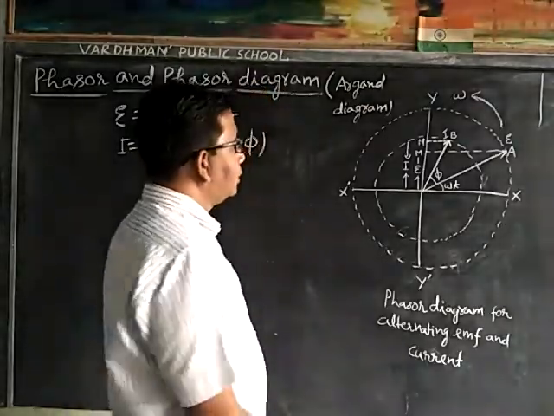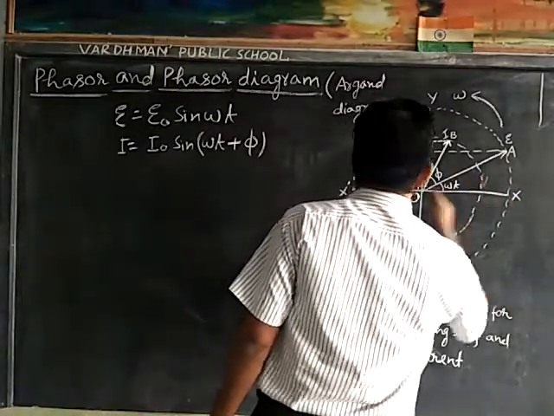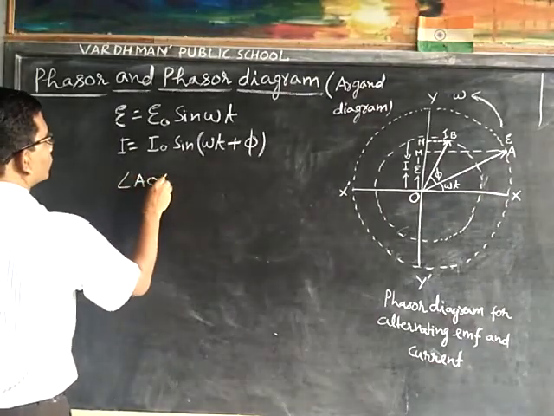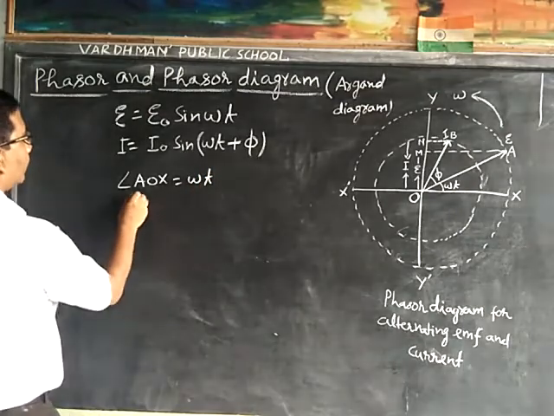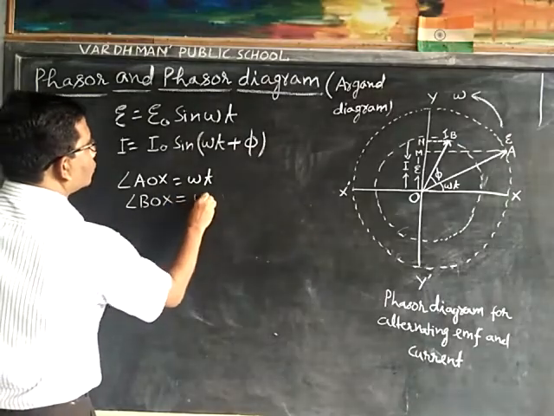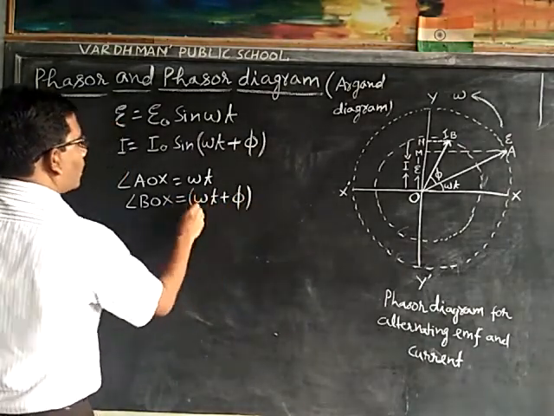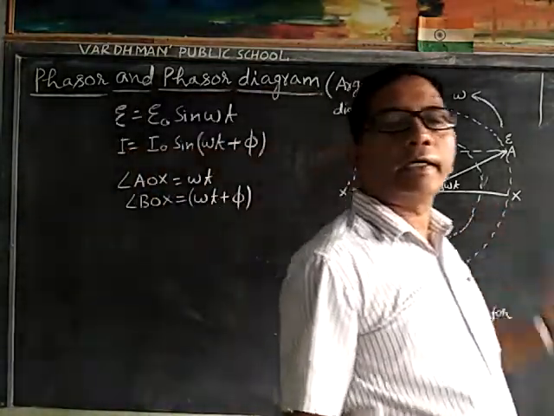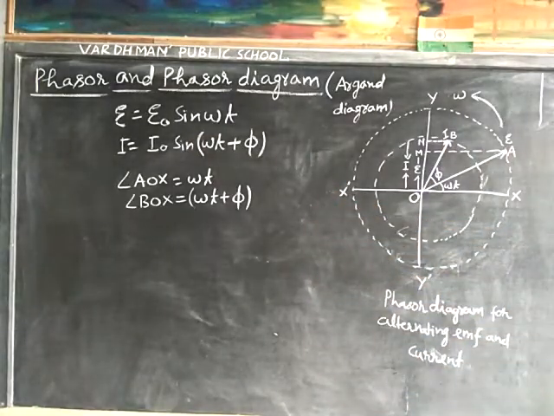Now we see angle AOX is equal to omega t and angle BOX is equal to omega t plus phi.